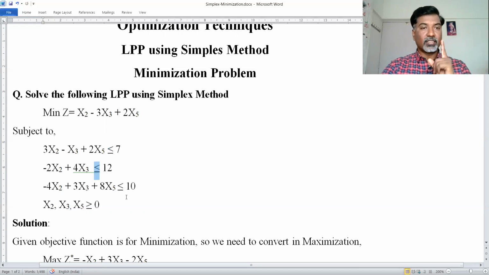If your equation contains a less than or equal to sign, to make the equation balanced you have to add a slack variable on the left hand side so that the equation becomes balanced. Slack variables we have to add in this expression.